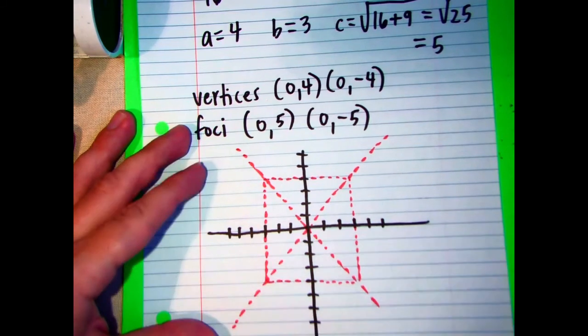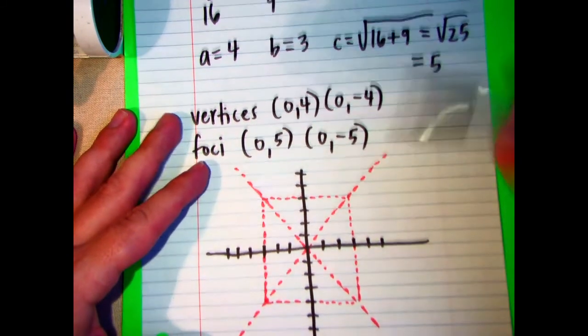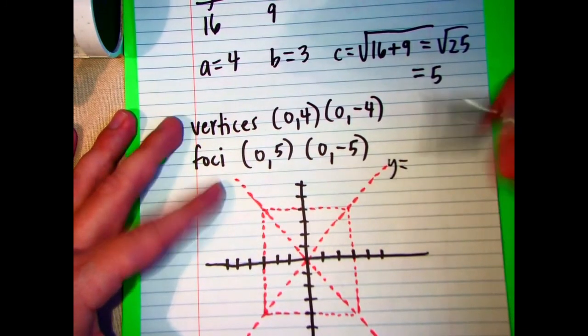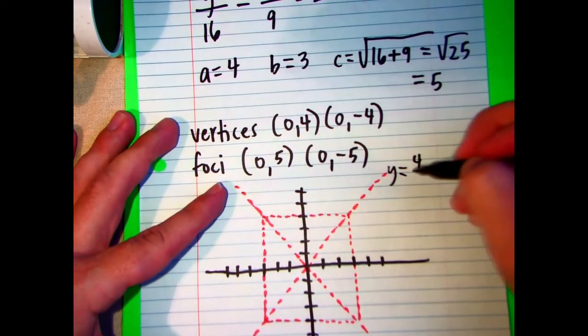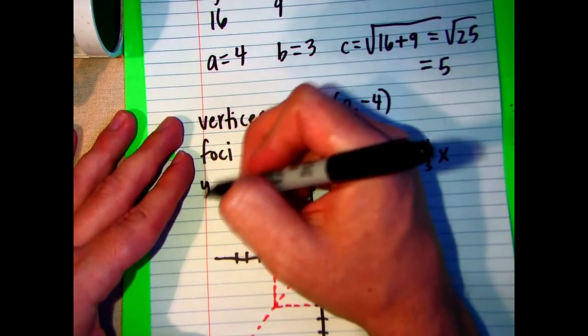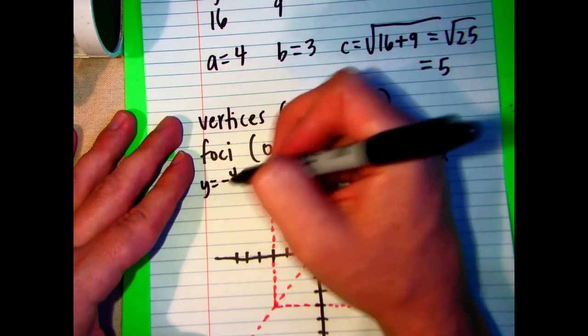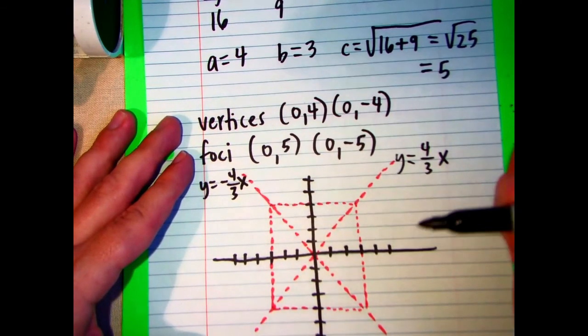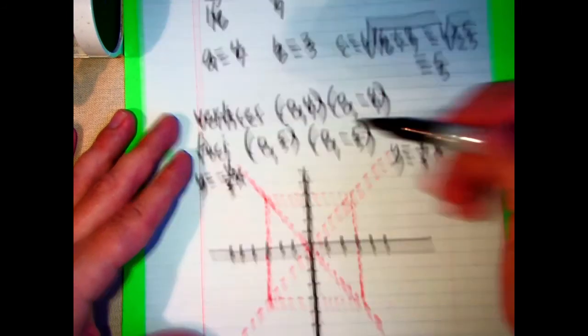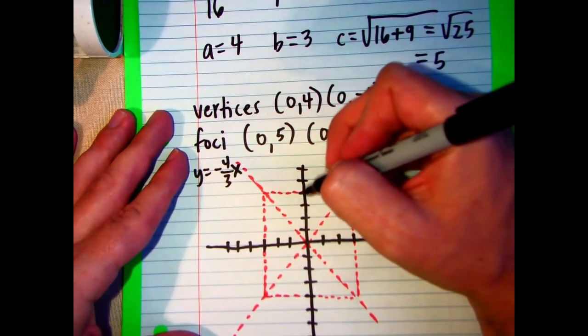Looking back at the notes I just gave you, when y squared is first, the equation of the asymptote is a over b x. So that's 4/3 x and negative 4/3 x. And that should correspond to the slope of the line you drew.